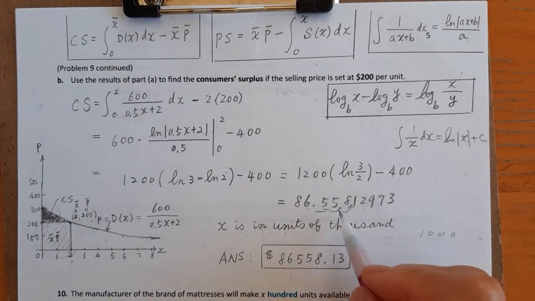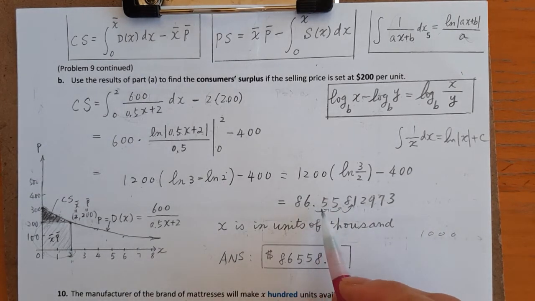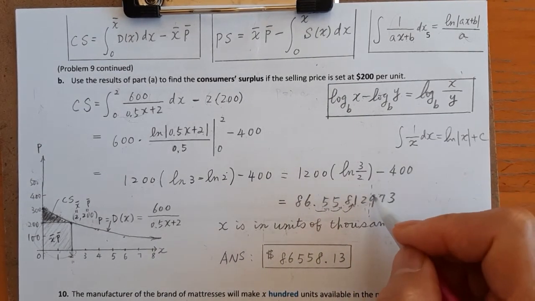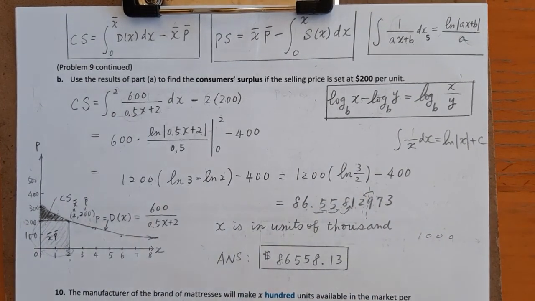You get 86,558.1, and for money, with 2 decimal digits, the 129 rounds up to 0.13 dollars.